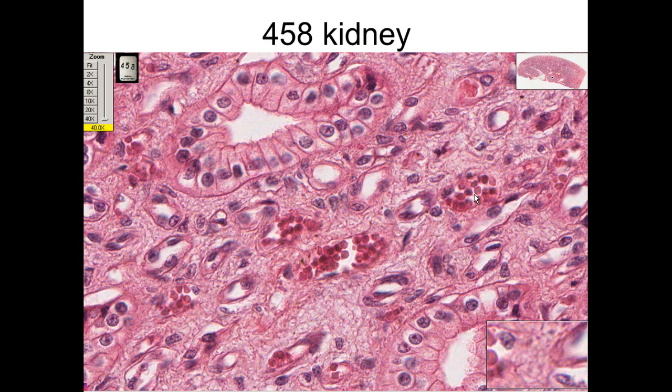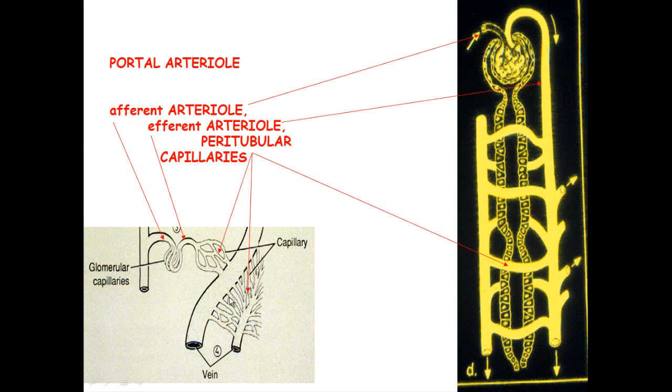This is actually part of the vasa recta, blood vessels that come in through there, and then we can see the loop of Henle as well. And so we can see that the afferent arteriole is coming in as very small. Actually, the afferent is larger than the efferent.